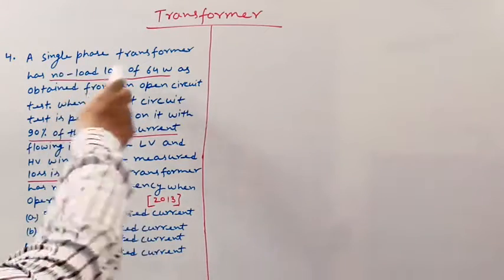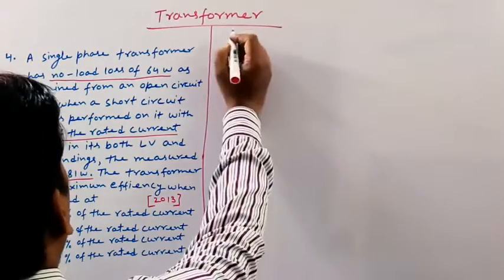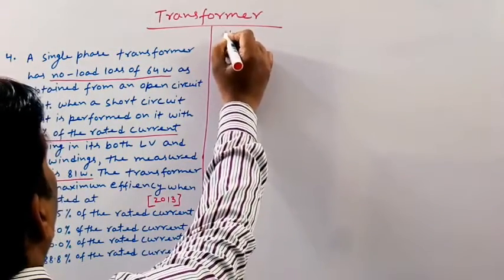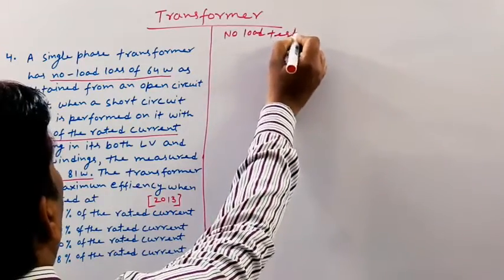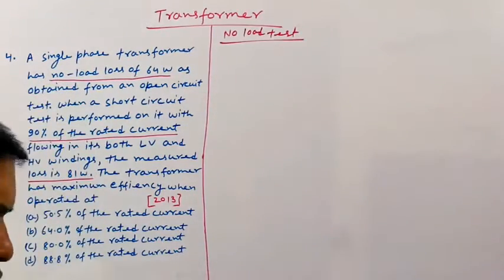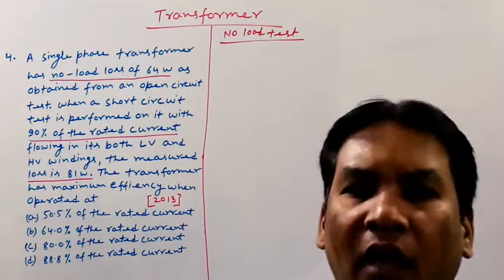So no load loss means open circuit test. If the circuit is open, then there will be no load. So given the no load test, and what do we determine from the no load test? We determine the constant losses, or you can say iron losses.